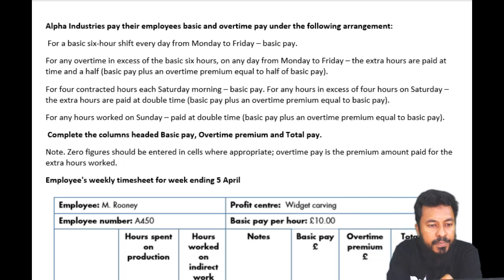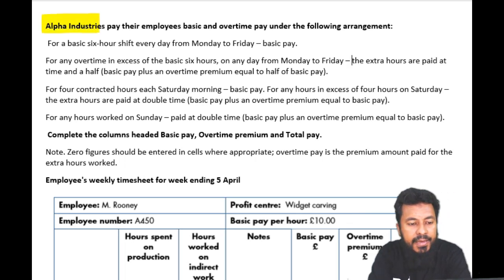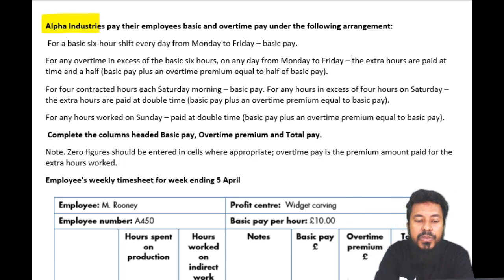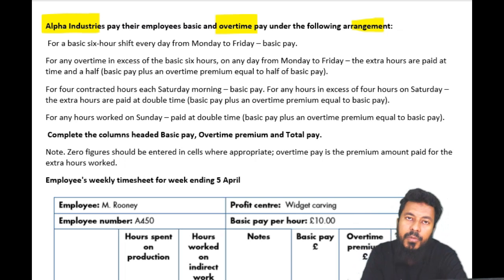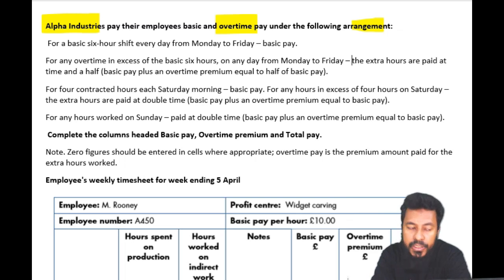It's about a business called Alpha Industries, which pays its employees basic and overtime pay under the following arrangements. This question is taken from BPP course materials, which is a really good one.